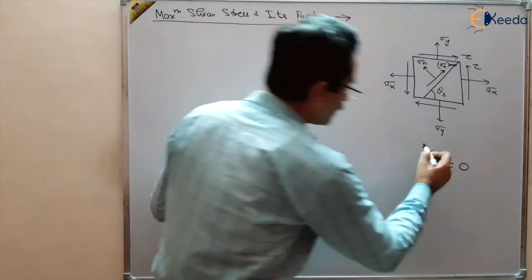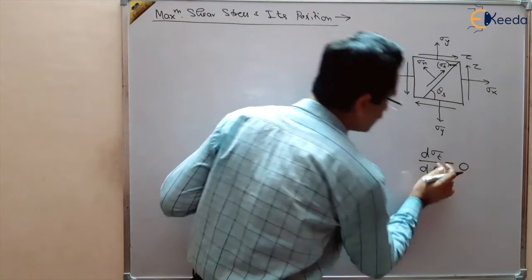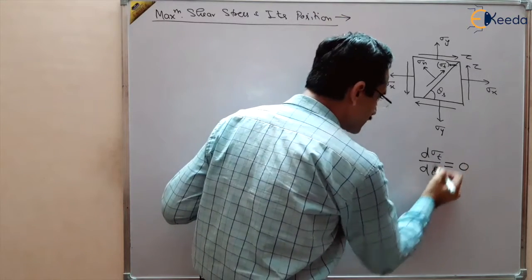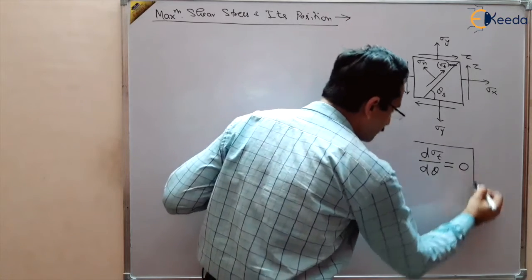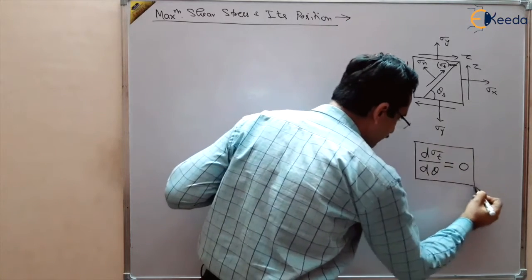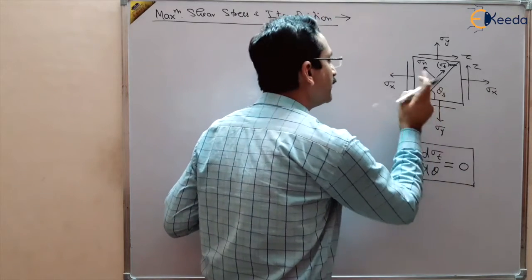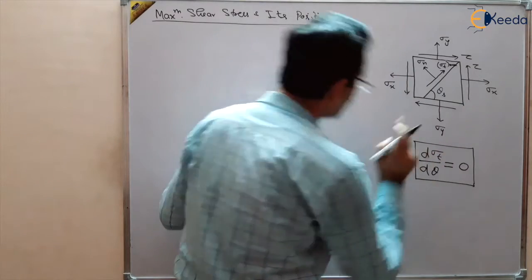So differentiate sigma t, we have used the term sigma t, that's why I am using sigma t here. Differentiate sigma t with respect to theta and equate to 0, and we will get the plane of maximum shear stress. Whatever value of theta we get, that will be the value where the shear stress is maximum. So d sigma t by d theta will be equal to 0.